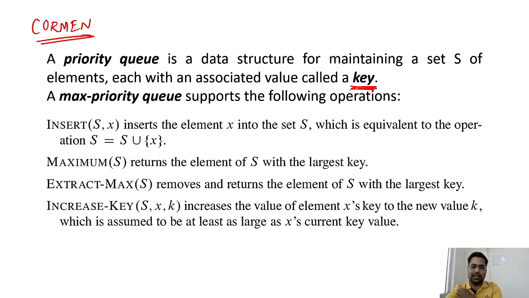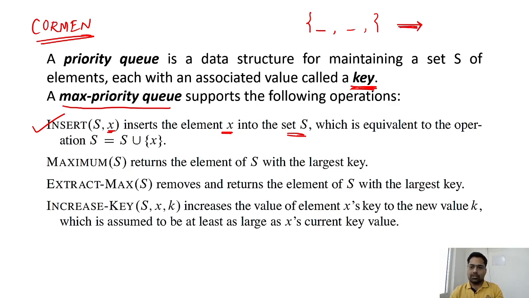As per the book it is clearly mentioned. I collected the information from the book, and it is written for the max priority queue. It supports four functions which we are going to use. One is insert S with x, where small x is the element we are going to insert into set S. In mathematics we say it is a set, with elements separated by commas.